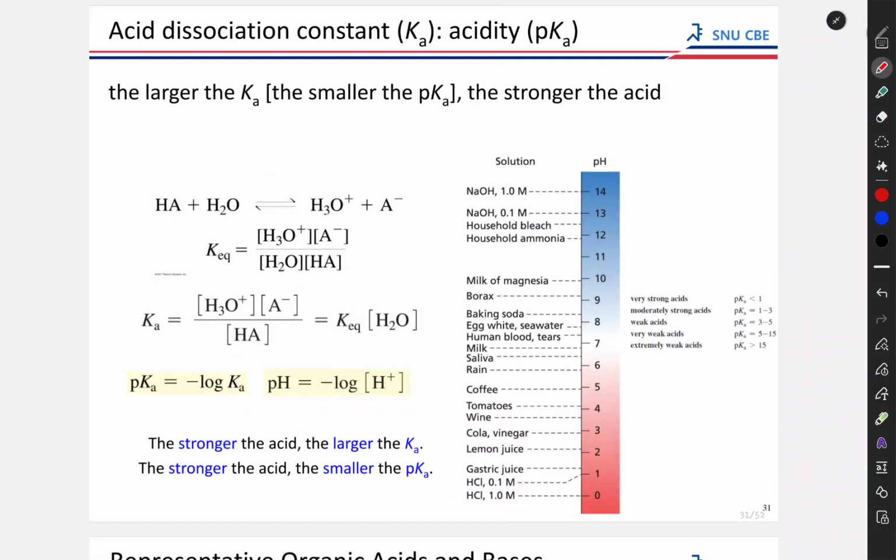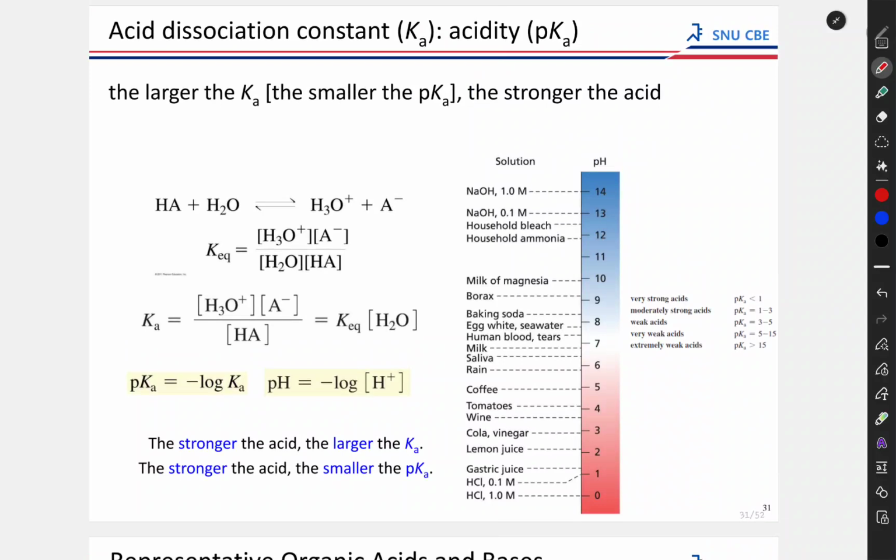And this is also the general chemistry stuff. For quantifying, or evaluating, the acidity of a given species, we define the following constant, the acid dissociation constant Ka. And this constant can also be evaluated in a minus log scale, which is pKa.